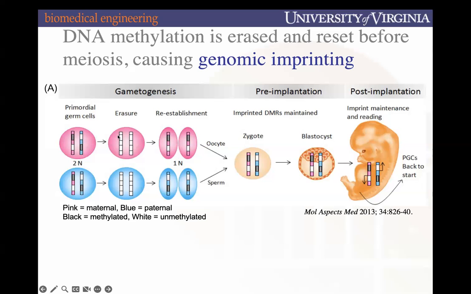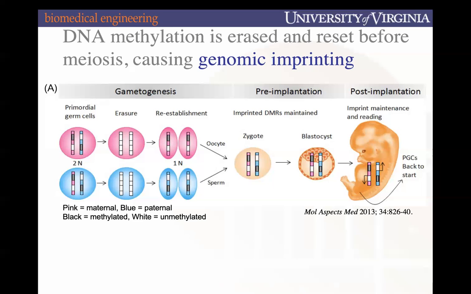So the erasing is all the methylation events that exist are first erased leading into meiosis. And once they split into their haploid cells where they have one copy of each chromosome, there are methylation events that occur on each chromosome that are simply by nature of whether it's from an egg or a sperm. And so what ends up happening is that there are going to be specific methylation events that are only passed down from each parent.